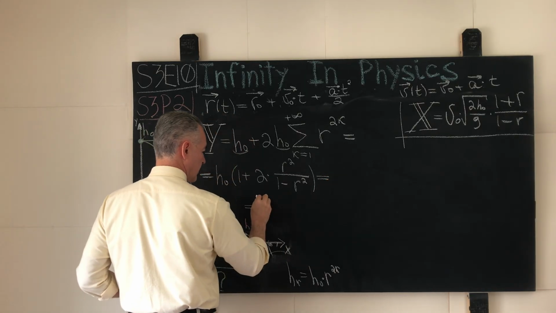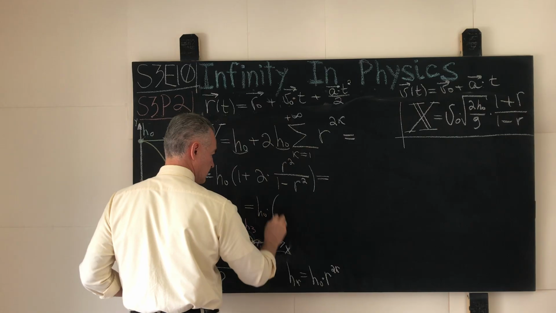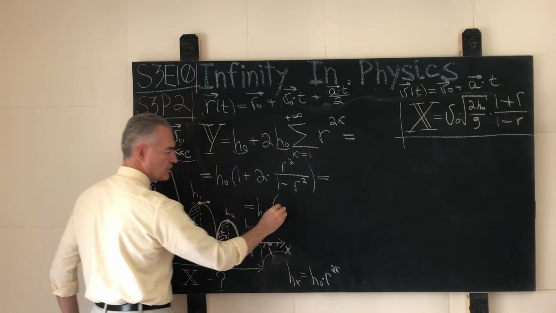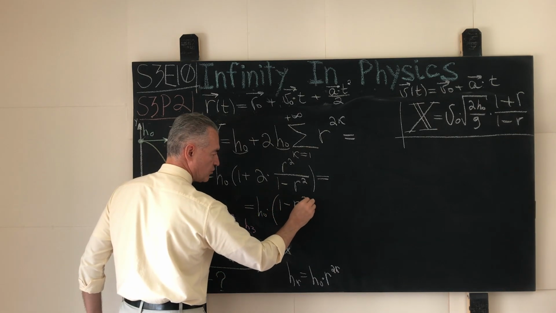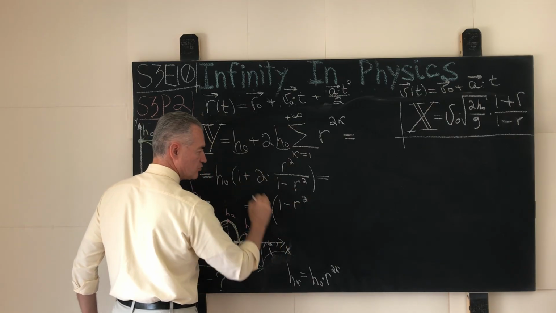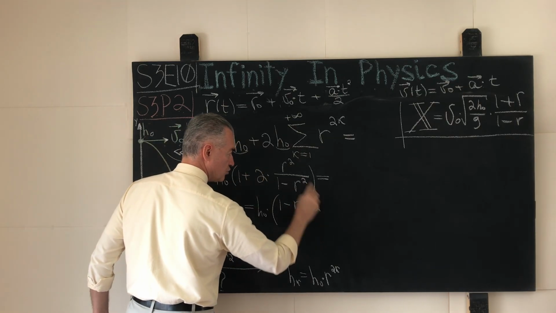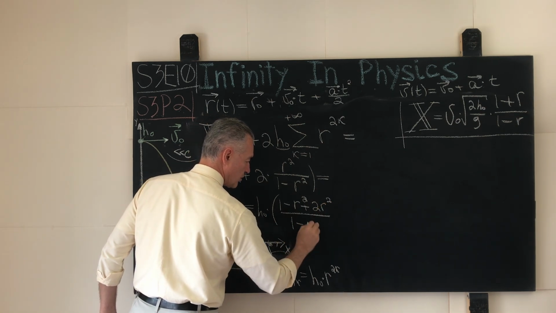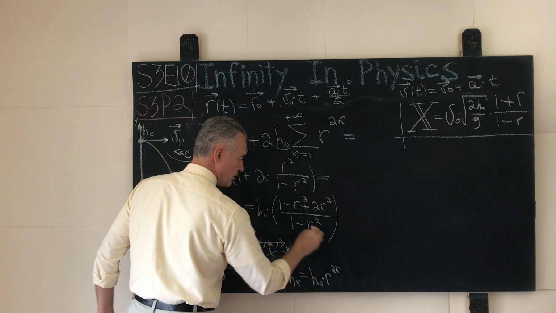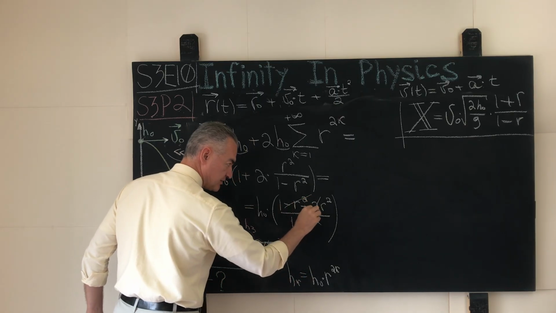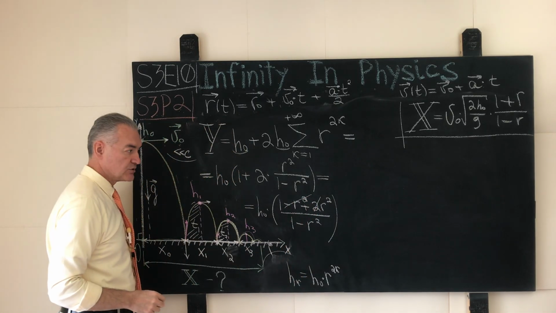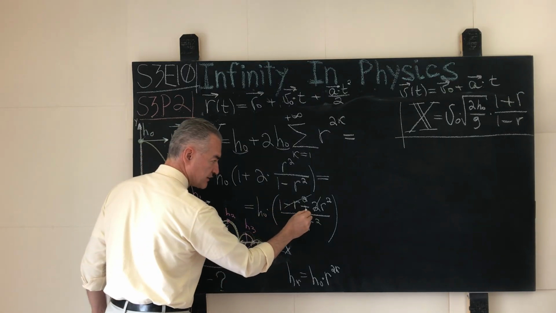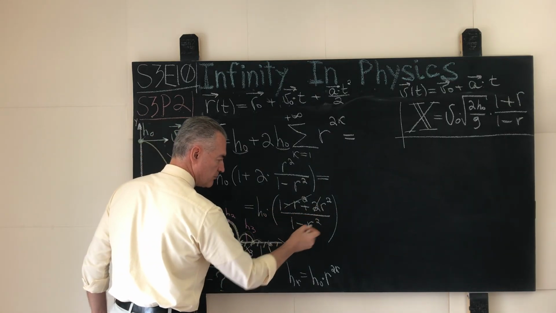That means that we will have h0 times, let's do this together, 1 minus r squared jumps into the numerator, plus 2 copies of r squared still in the numerator. In the denominator, 1 minus r squared, negative copy and positive copy cancel like so. And what do we get? 1 plus r squared over 1 minus r squared.